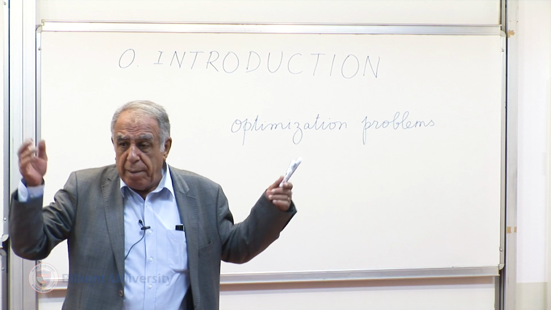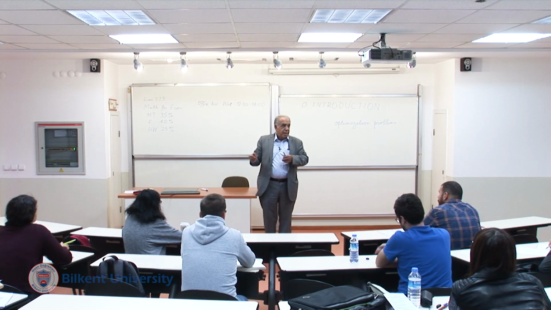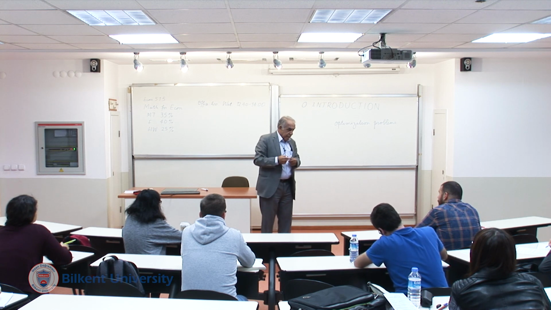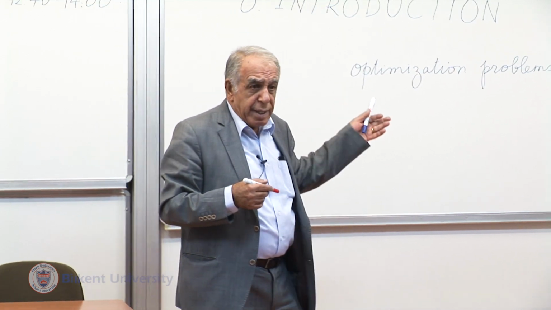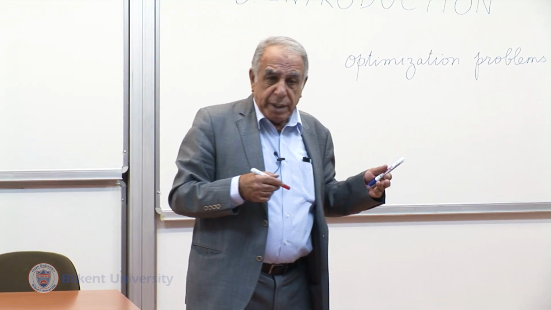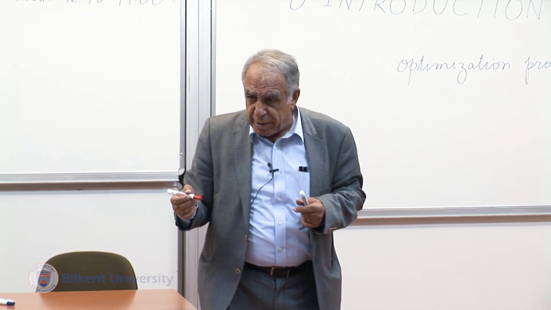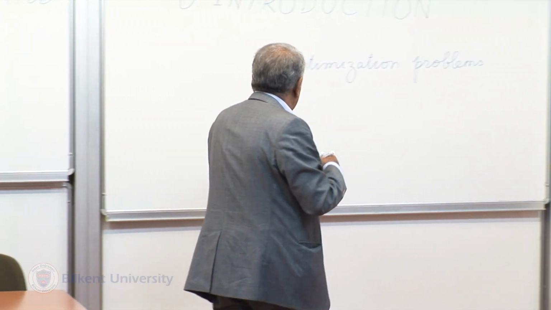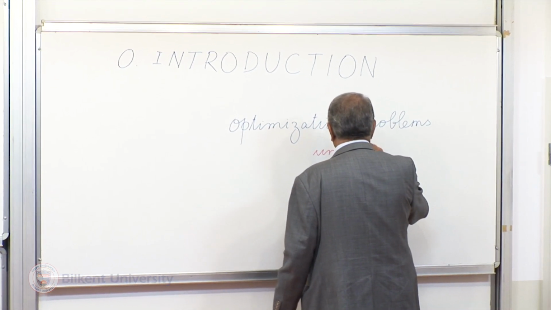For public authorities, there might be some legal constraint which has to be satisfied. So almost all the time, they're not free maximization or minimization problems, but optimization problems under constraints.